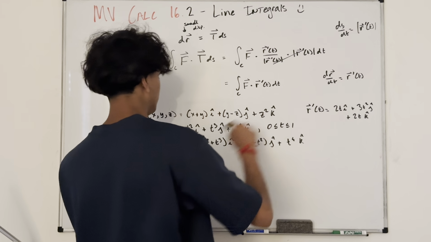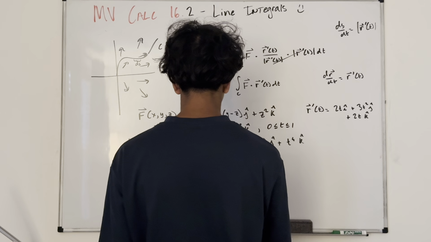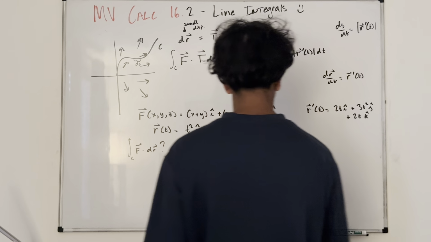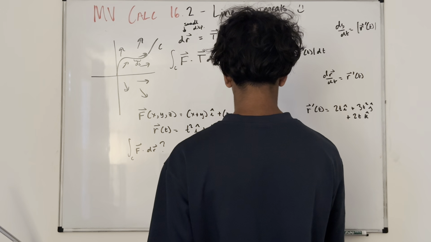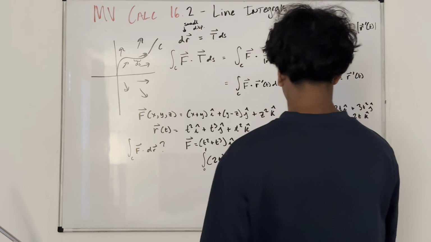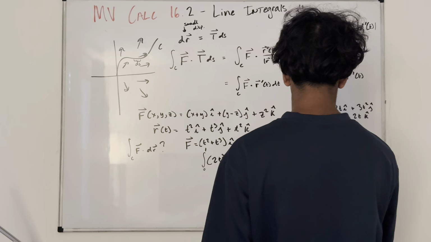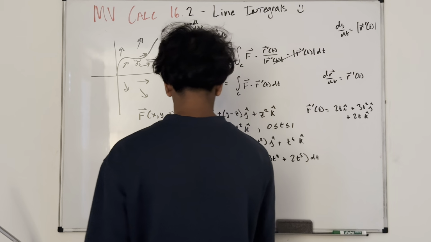We multiply 2t times t squared, so we get 2t to the third plus 2t to the fourth. When I do the y components, I get 3t to the fifth minus 3t to the fourth. And then plus 2t to the fifth, all of that dt.